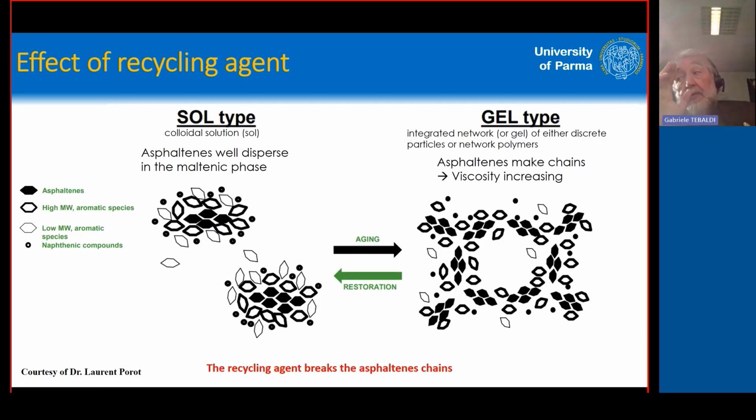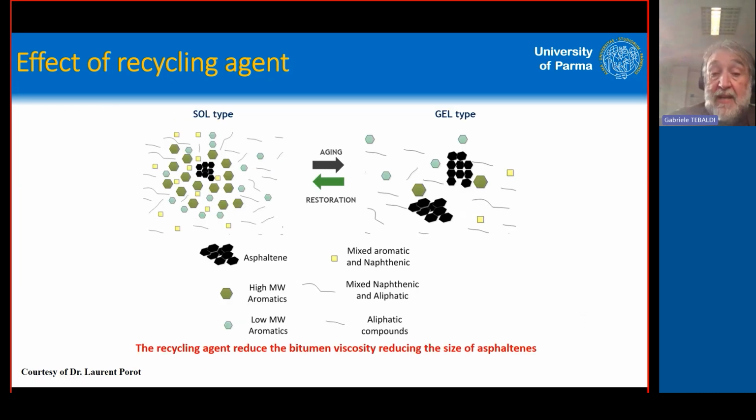It's hard to classify the recycling agents because there are a lot of patents, a lot of secrets, but generally speaking, we have a recycling agent that works on breaking the asphaltene chains and reducing the viscosity of the material. There are other recycling agents that break the asphaltene compounds, again with the goal of reducing the viscosity.